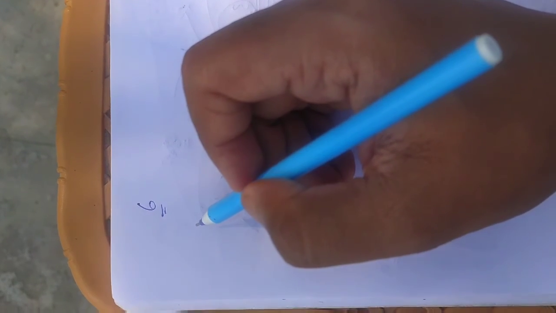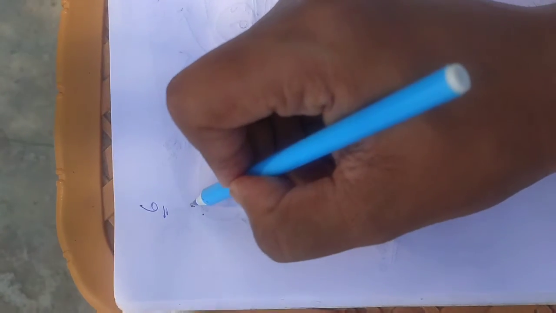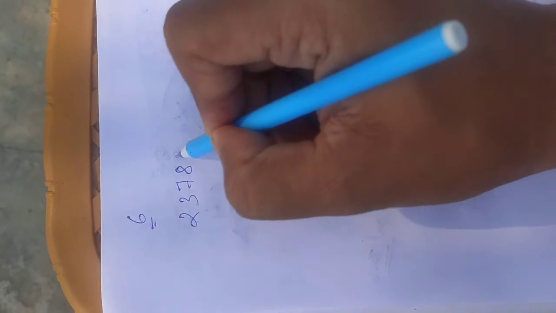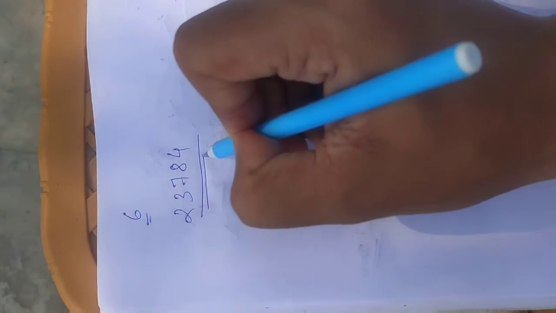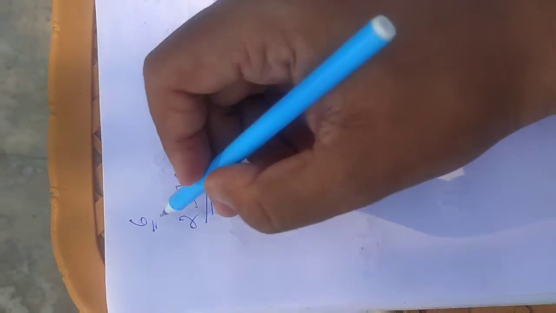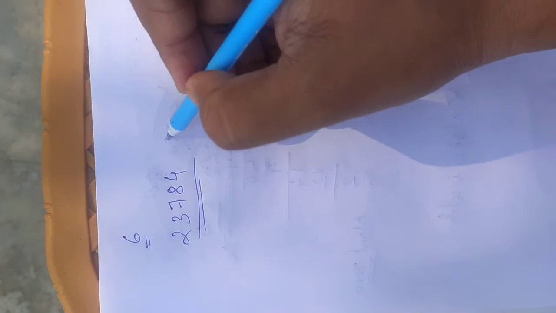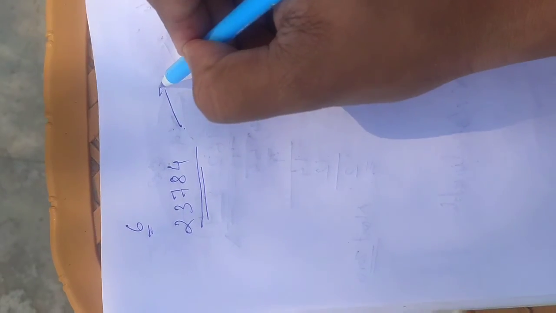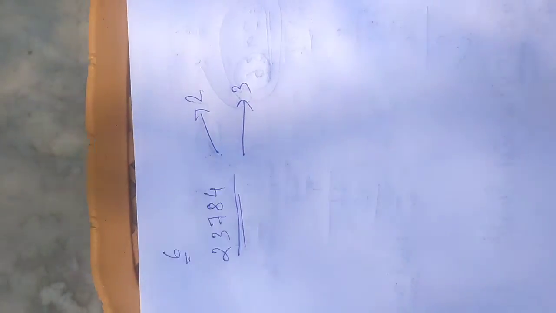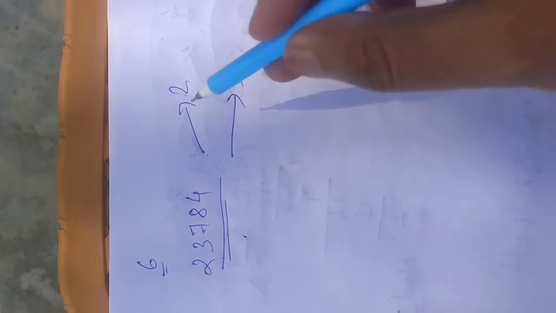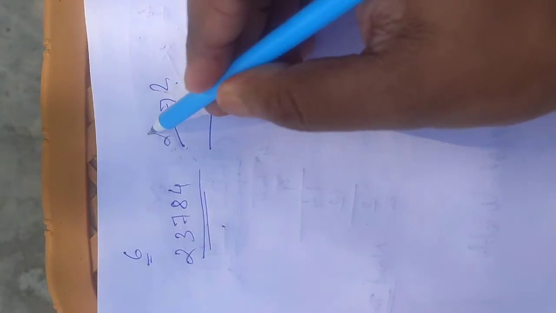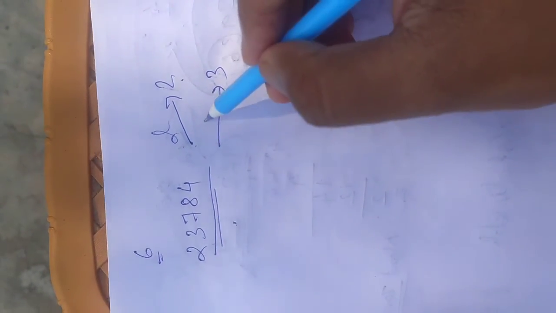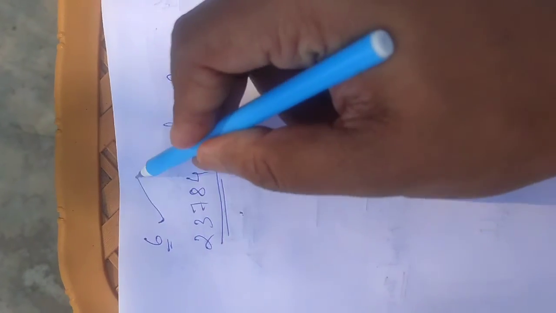Okay, let us now see for 6. Take the number 2, 3, 7, 8, 4. For 6, it's a little different. We have to check if this number is divisible by 2 and divisible by 3. These two checks we have to do. If the number is divisible by 2, and if the number is divisible by 3, then it is divisible by 6.